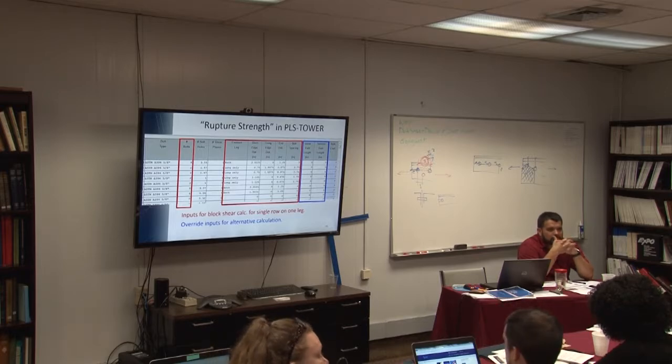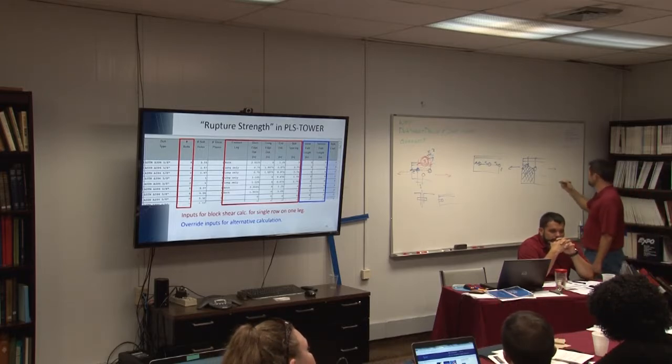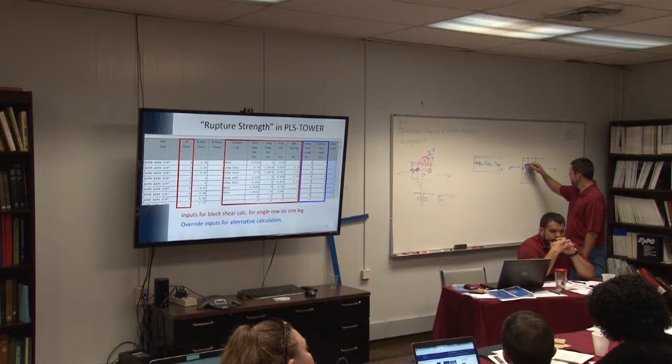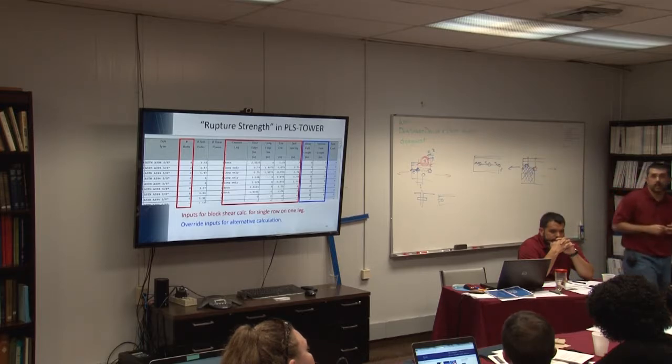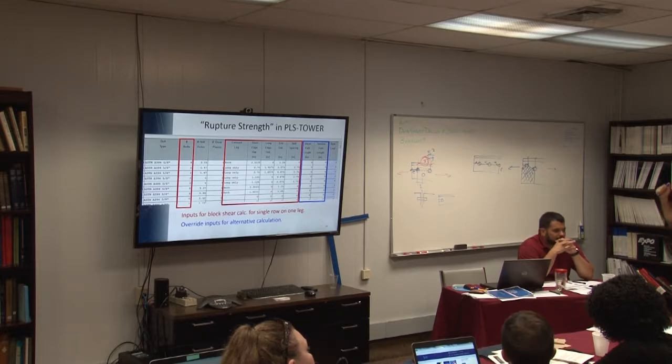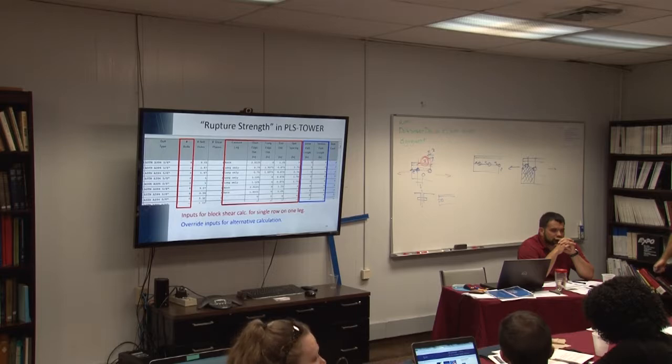Isn't bearing always going to happen first, before you have rupture or block shear? It depends on the thickness of the angle. I can't tell you that any of them is going to dominate over the others. I don't have enough experience to say that generally bearing is not controlling.